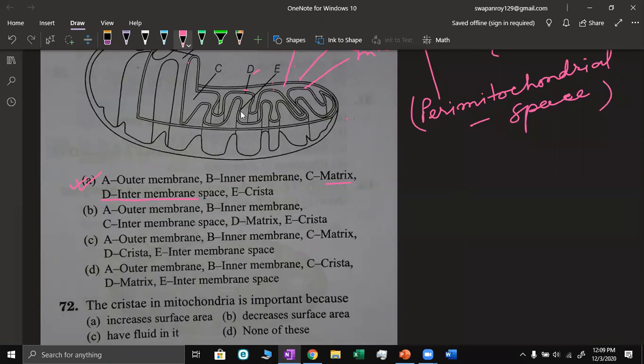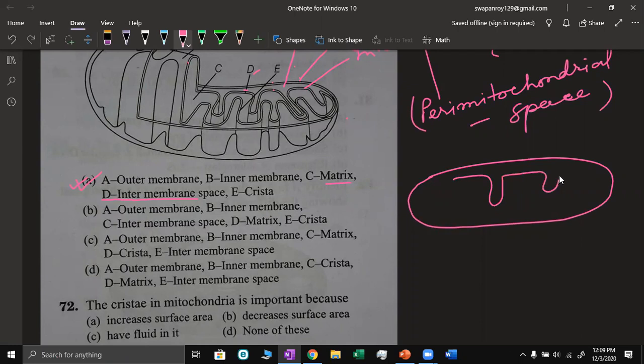But here D should be, when mitochondria is drawn this way, that is a two-dimensional structure.